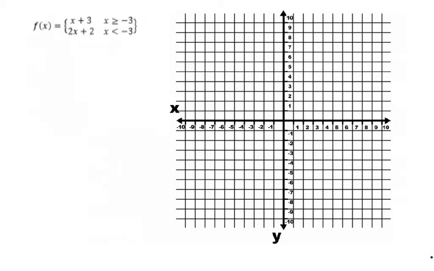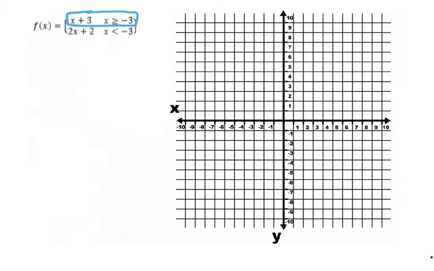So let's just talk about some basic terminology. What you have in the very beginning is a function, and then you have a restricted domain. So you're saying, I'm going to graph x plus 3, but I only want x's that are greater than or equal to negative 3.